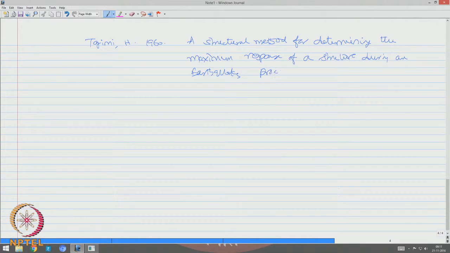Proceedings of Second World Conference in Earthquake Engineering, Tokyo, volume 2.